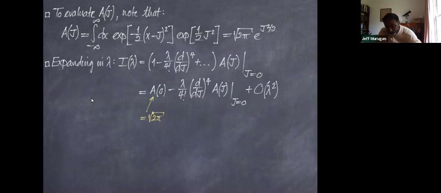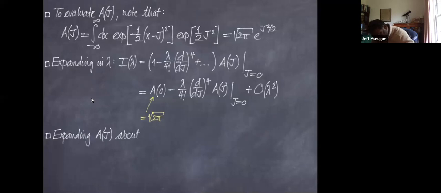So if I expand A of J about J equal to 0, let's see which of the terms has the quartic piece. So expanding A of J in the Taylor series about J equals 0, we get the following.